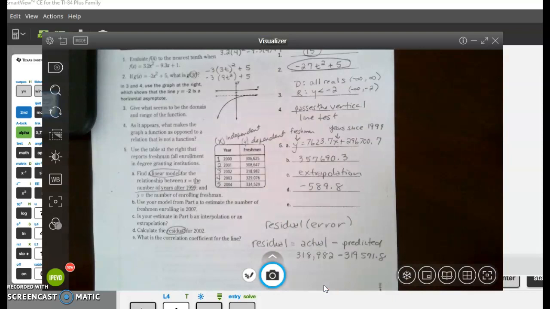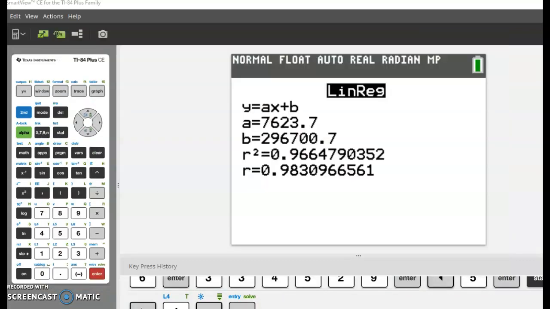The last question on this side is, what is the correlation coefficient for the line? So I need to go back to my calculator and look for the correlation coefficient.